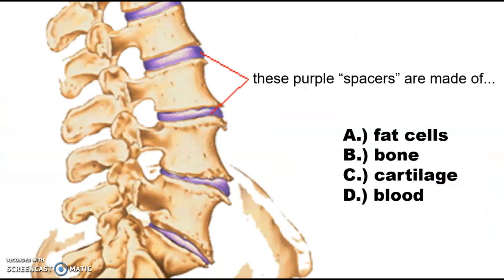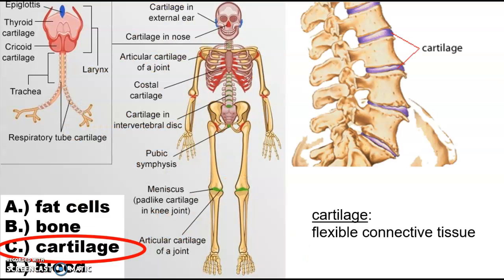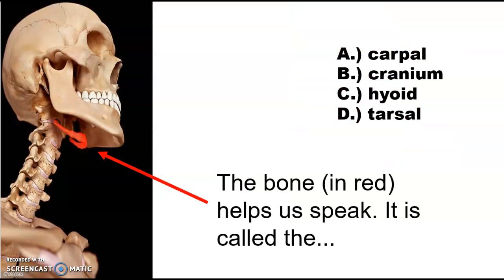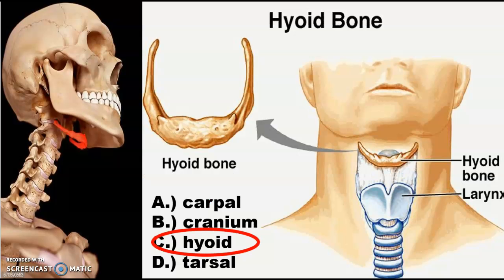These purple spacers are made of cartilage. The bone here, seen in red, helps us to speak. This bone is called the hyoid bone.